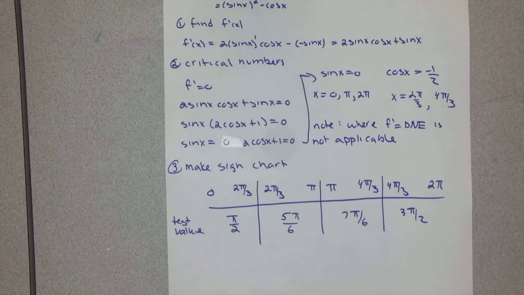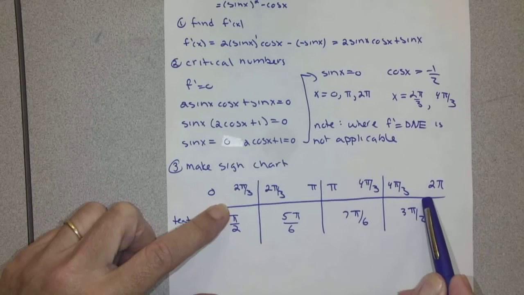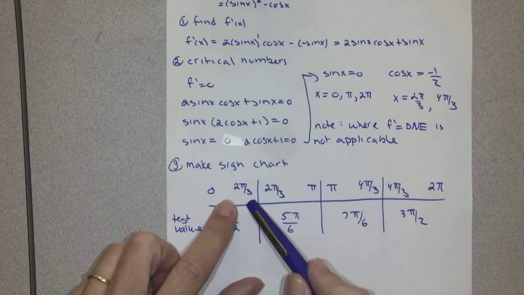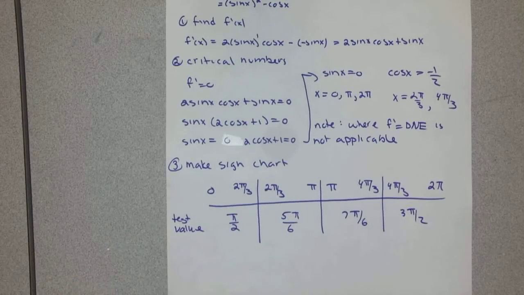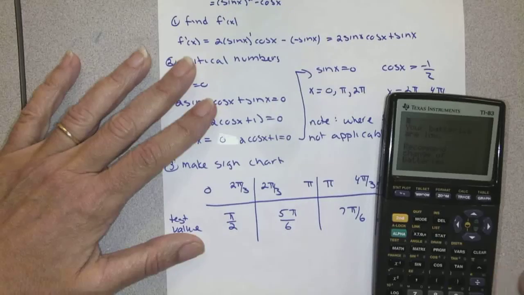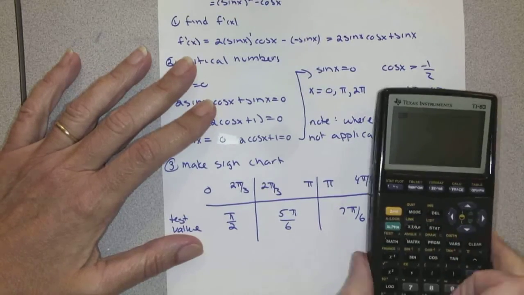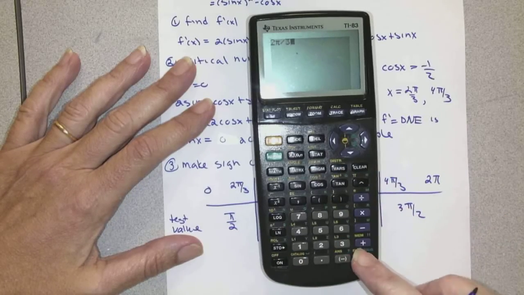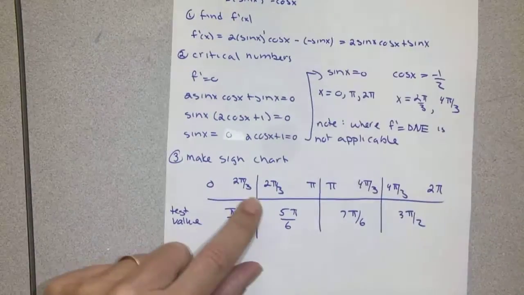Now, another thing you could do, you could change these all to decimal values here. Now, don't give me decimal values for your answers, but you could change all these to decimals. You know, for example, 2 pi over 3, 2 pi divided by 3 is roughly 2.09. So this is roughly 2.